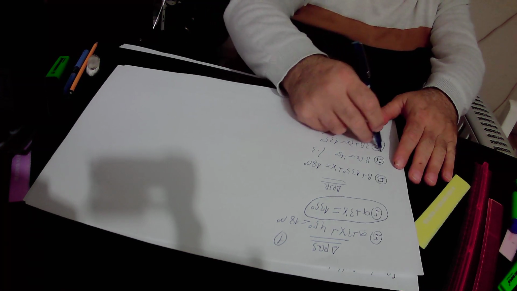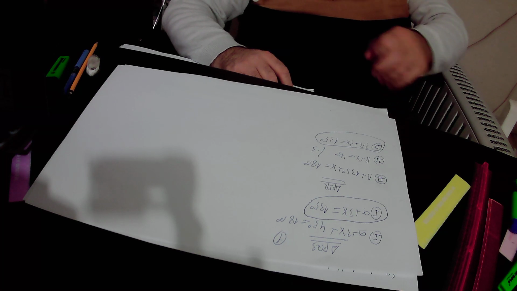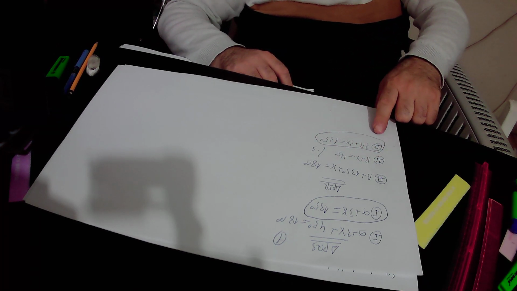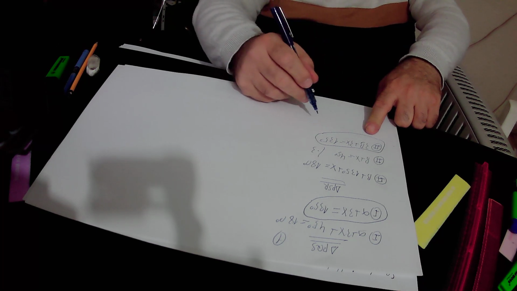So according to equation number 1, alpha plus 3x equals 135 degrees. And according to equation number 2, 3 beta plus 3x equals 135 degrees.